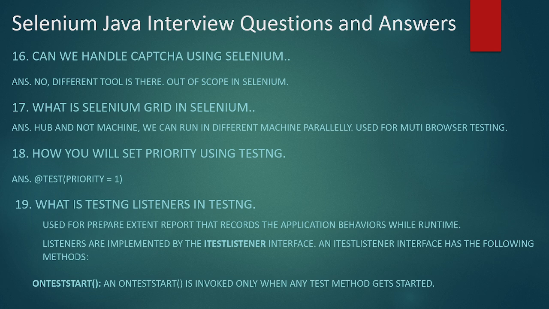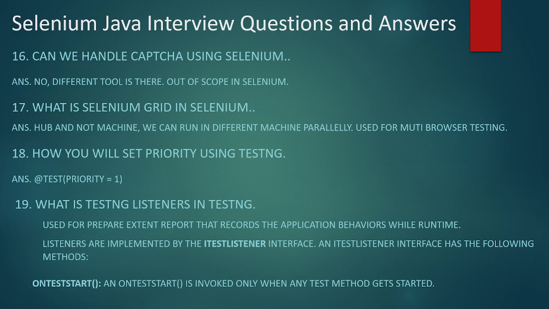Suppose you are doing multi-browser testing, you want to run the same code on different systems. On one child machine, the node, you want Chrome driver, and on other machines you want different browsers, like Safari, Firefox driver or Edge driver. So you can easily achieve this in parallel. On all machines the code will run in different browsers at the same time and give you the test results. It saves your time and you also get a better result.